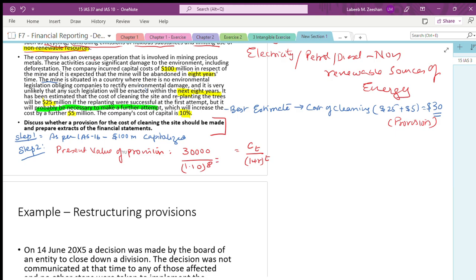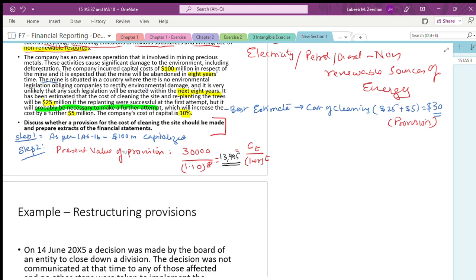How much will you get? You will get some, 13,995. Is it right? Present value of provision.